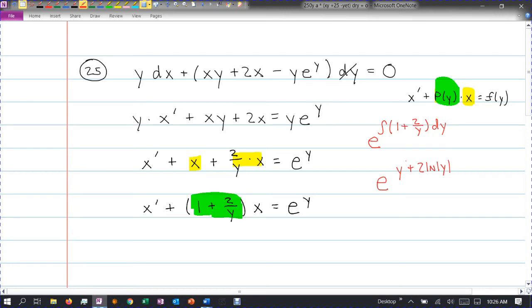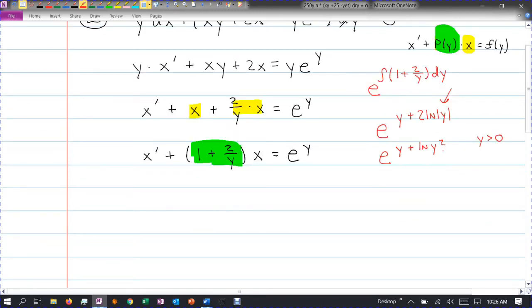And then I can bring that 2 up. And then I'll have natural log of y squared. And for this, I'm just going to be looking at if y is greater than 0, so that we don't have any domain issues on this natural log right here. And we should be good to go here.